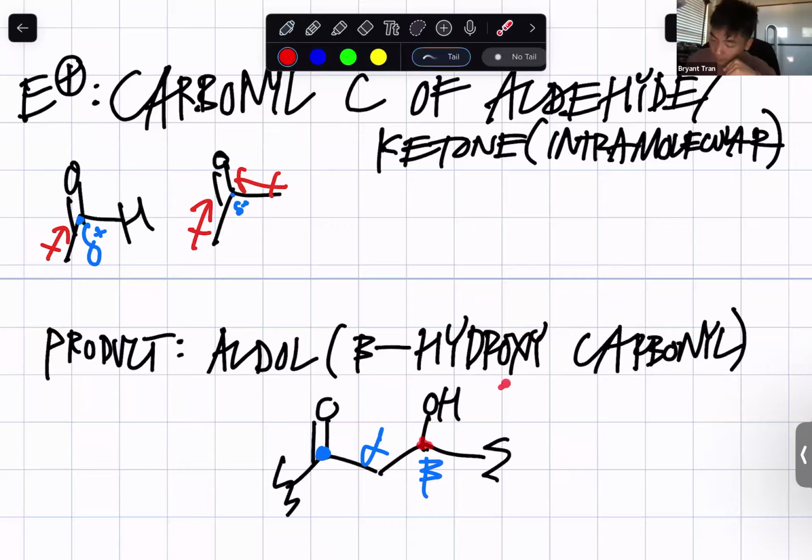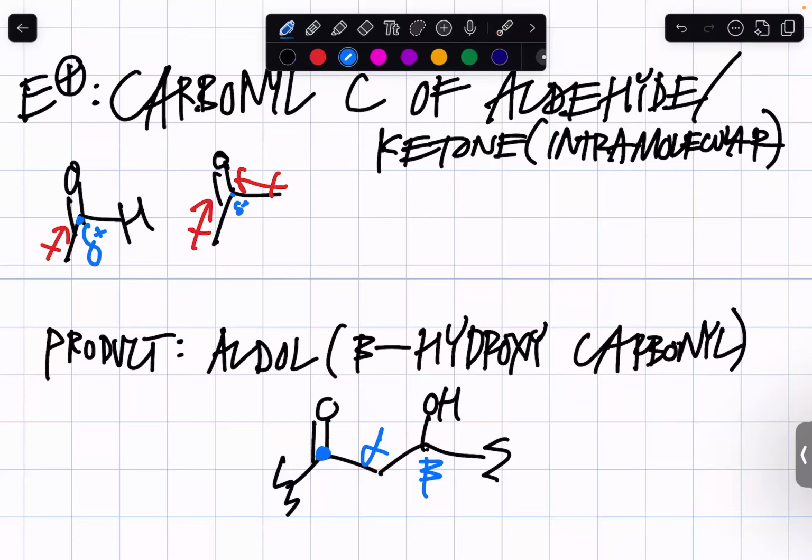At the beta carbon, you have a hydroxy group. So that's why we call this a beta hydroxy carbonyl or an aldol, where you have an aldehyde and an alcohol. But know that the alcohol and aldehyde or carbonyl here are not right next to each other. They're separated by one carbon, the alpha carbon right there. That's the condensation product right there.